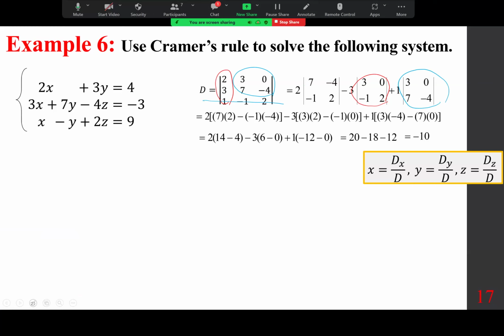Now, I'm not going to take time to go over that. Basically, this determinant is the cross product, 7 times 2 minus negative 1 times negative 4. This one is 3 times 2 minus negative 1 times 0, which makes it 0. 3 times negative 4, this is 0. And then you have the answer. Okay.